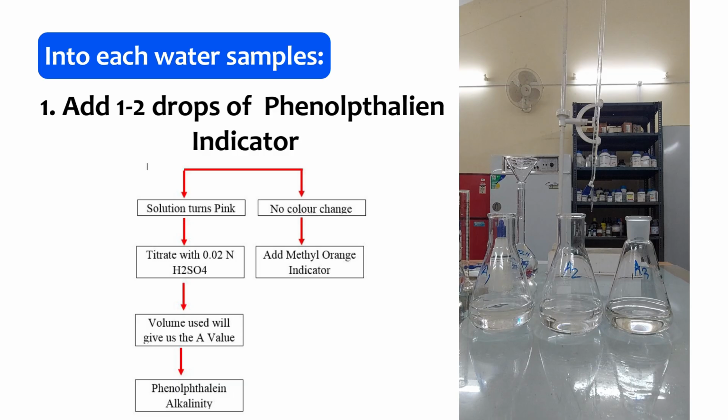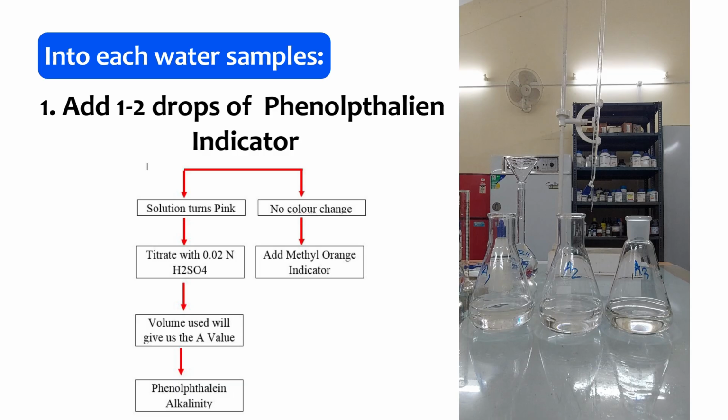Remember to record the initial and final burette reading for all the different replicates of the samples analyzed. The volume of 0.02 normality sulfuric acid used in the titration will give us the A value of the formula, and from this value the phenolphthalein alkalinity of the water samples will be obtained.